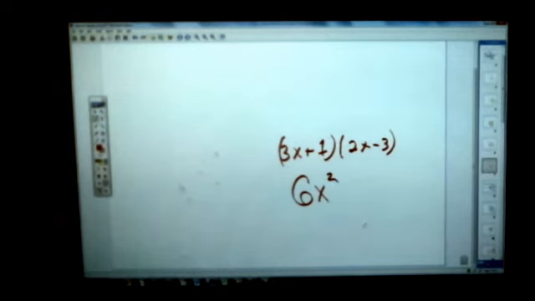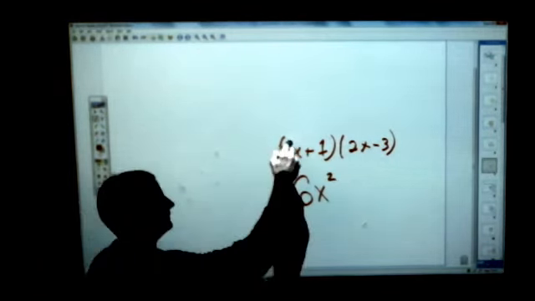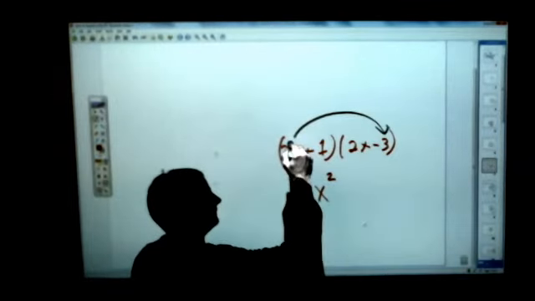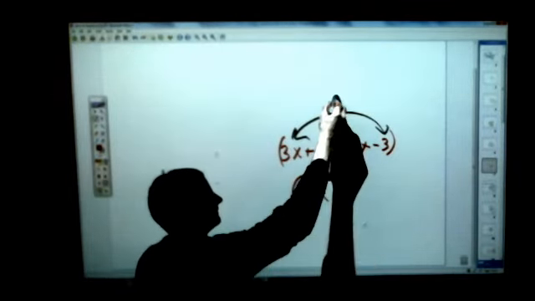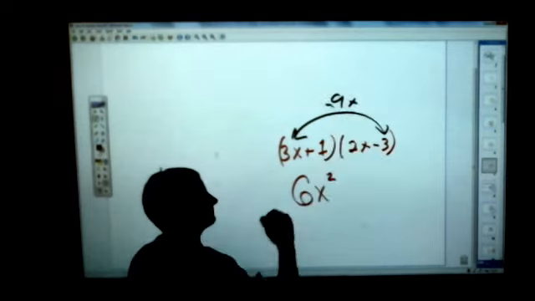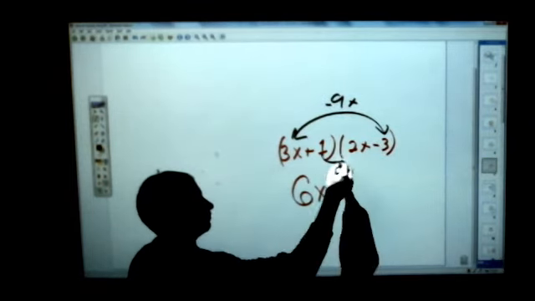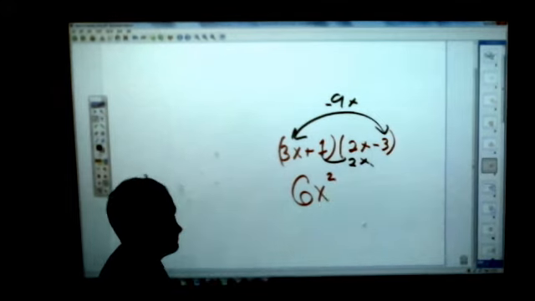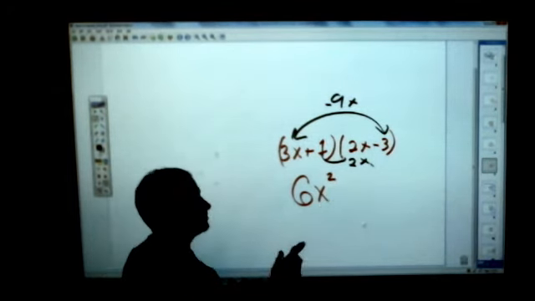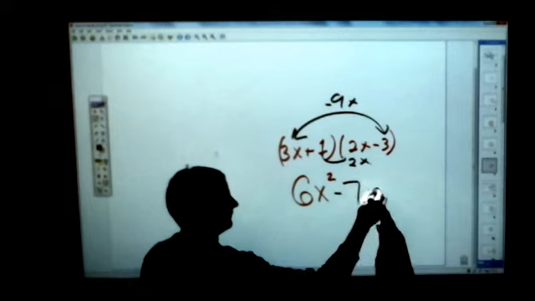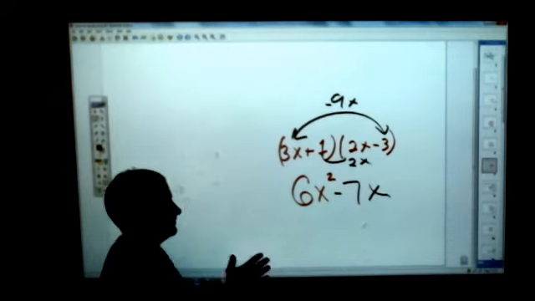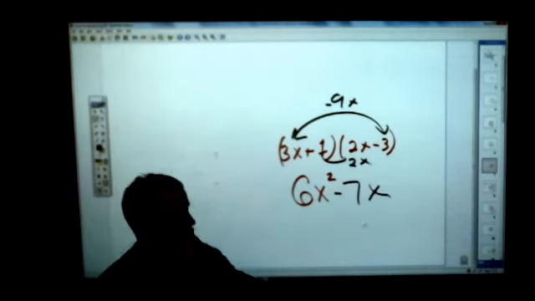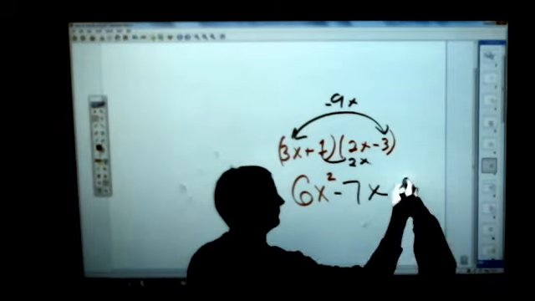The outie, negative 3 times positive 3x is negative 9x. 1 times 2x is 2x. What is a negative 9x and 2x, Ulrich? Negative 7x. And then what is 1 times negative 3? Negative 3.